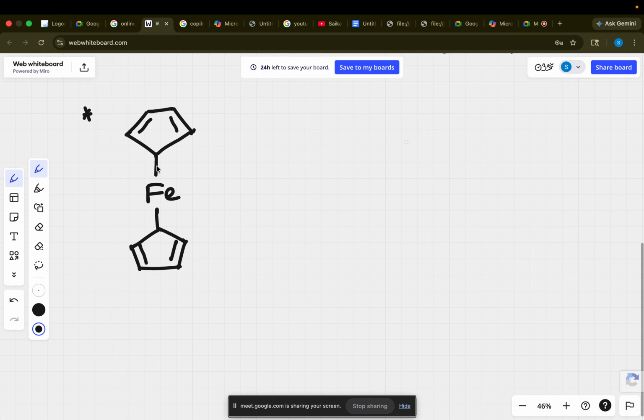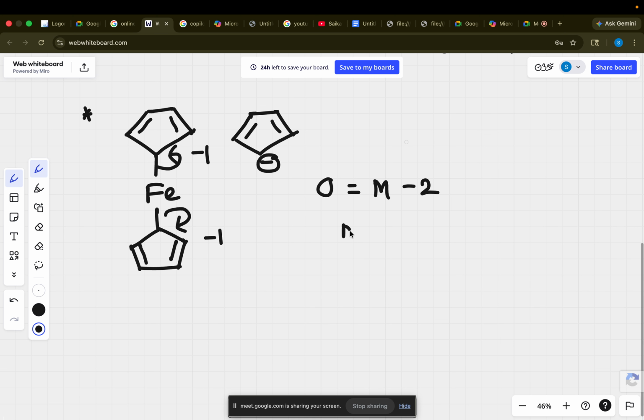So basically this bond will break like this because you will get one aromatic system, right? If I break like this, you are getting one aromatic system, and if you have to break this bond, similarly. So here also 0 is equal to M, -1 for this ring, -1 for this ring. So -2, M is equal to +2. So iron is existing in +2 oxidation state.